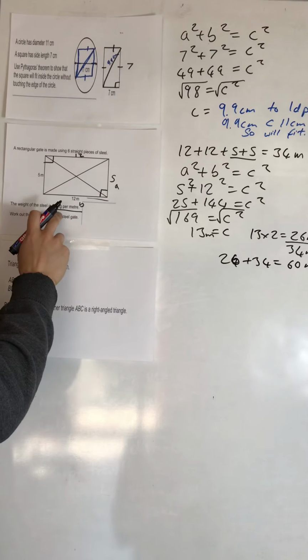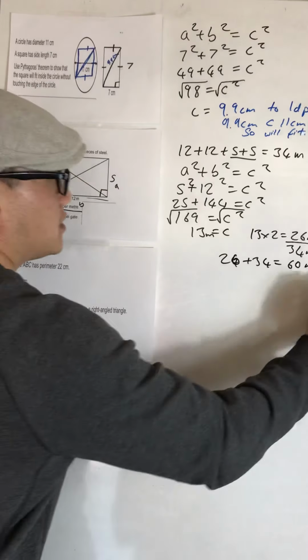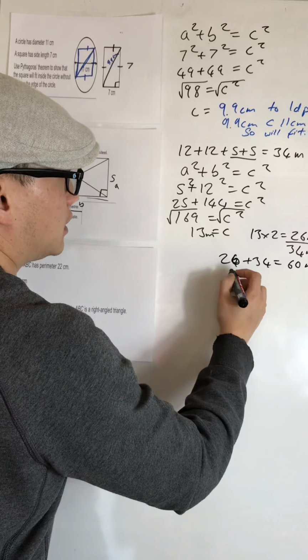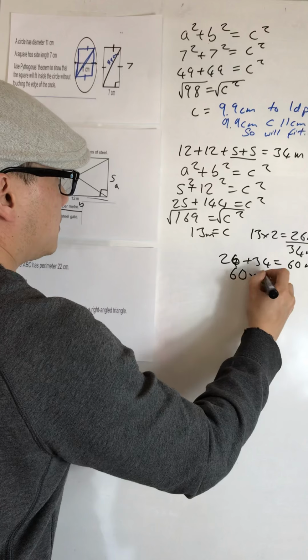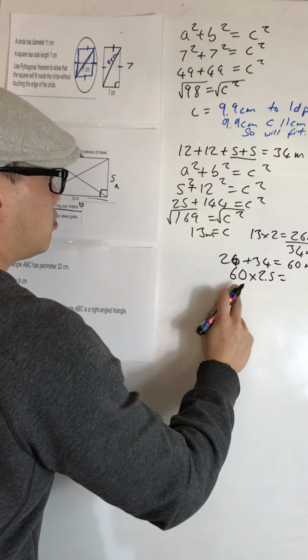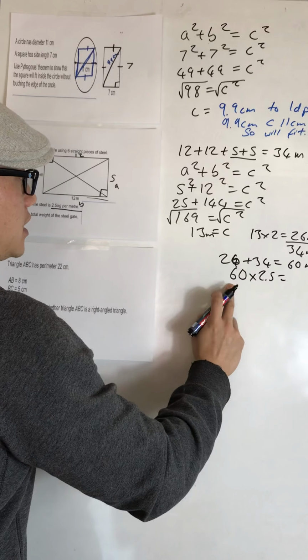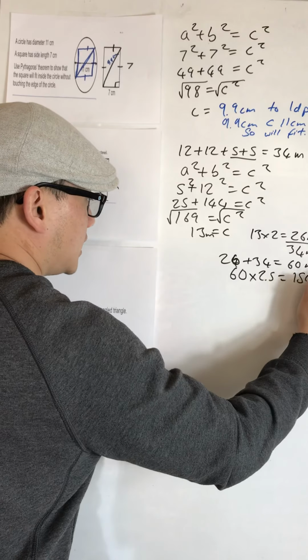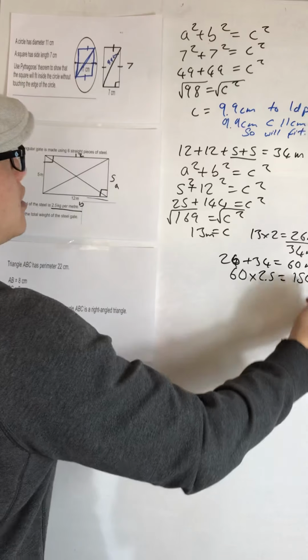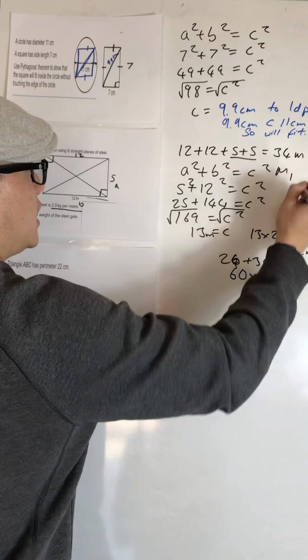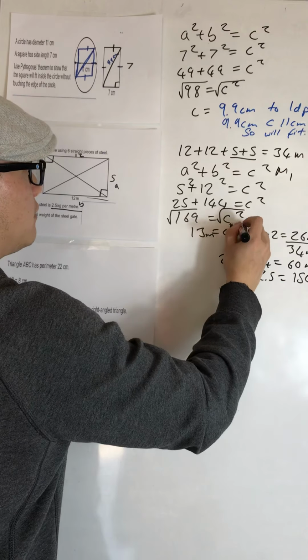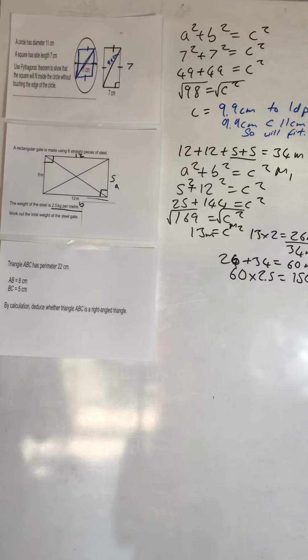Each metre weighs 2.5 kilos, so then we would do 60 times 2.5, which is 2 times 60 is 120, add a half of 60 is 30, so it equals 150 kg, and that will be your answer. There'll be a method mark here. That's a 3-mark question.